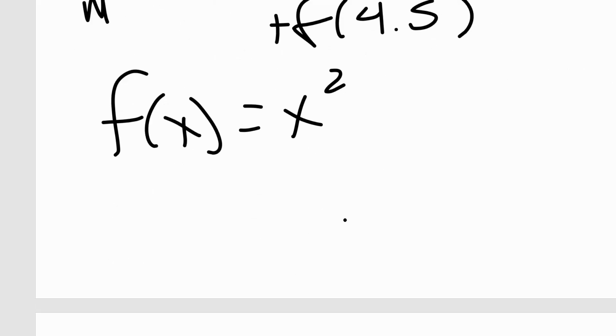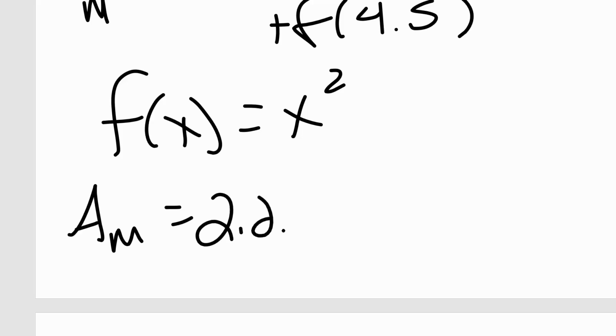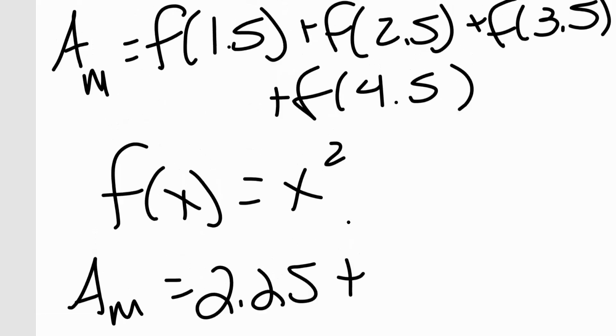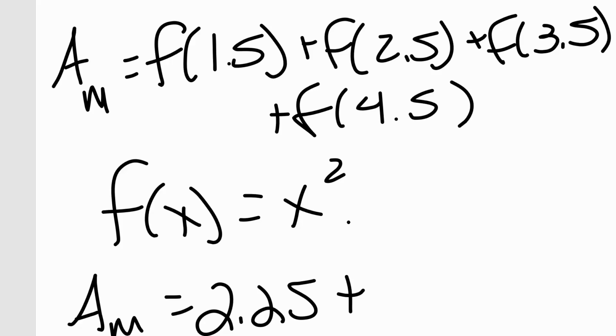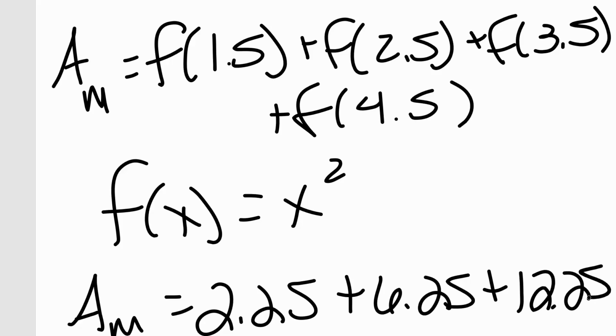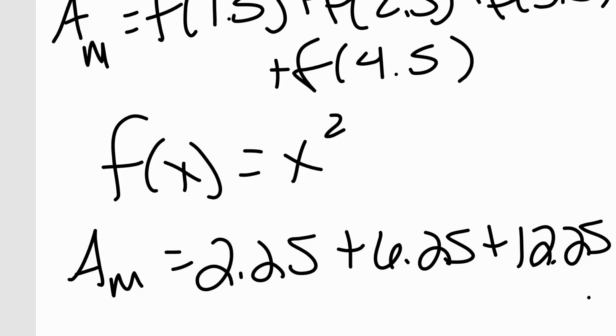So when I plug in the mids, 1.5 into my function, well, 1.5 squared is 2.25. Then next I'm going to plug into my function 2.5, and 2.5 squared is 6.25. Then I'm going to plug 3.5 into my function, and 3.5 squared is 12.25. And the last value I'm going to plug into my function is 4.5, and 4.5 squared is 20.25.